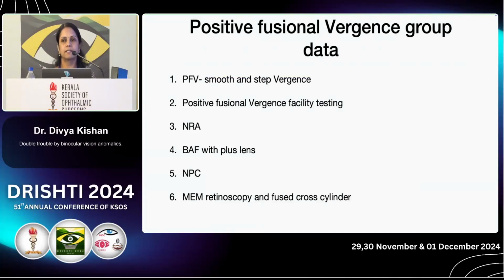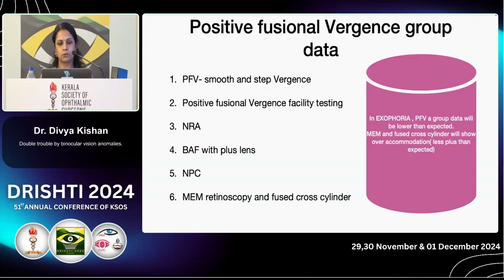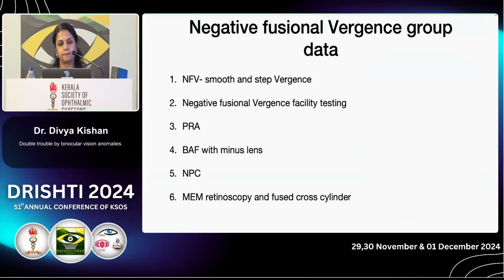So we can group these values into positive fusional vergence data, which includes the positive fusional vergence, vergence facility, NRA, binocular accommodative facility, NPC, and MEM retinoscopy. In exophoria, the positive fusional vergence group of data will be lower than expected, and MEM and fused cross-cylinder will show over-accommodation.